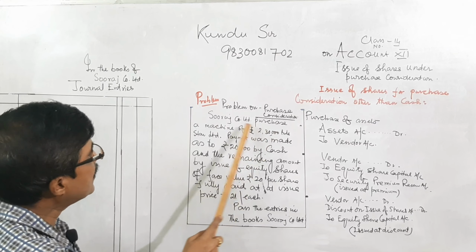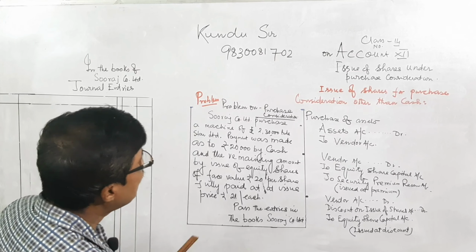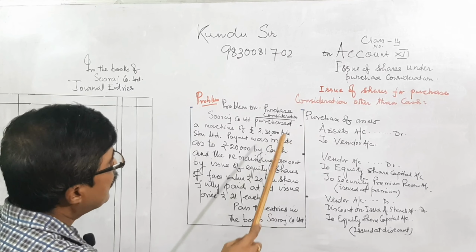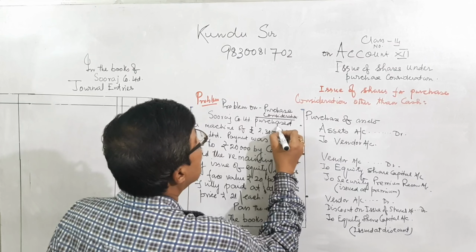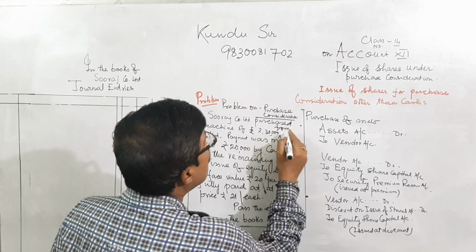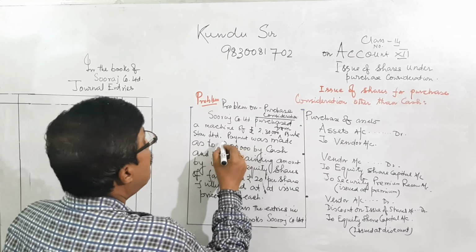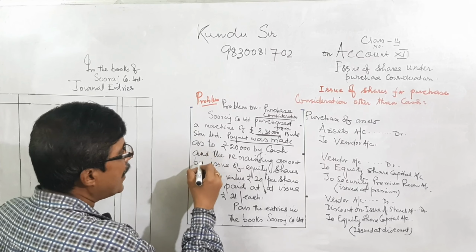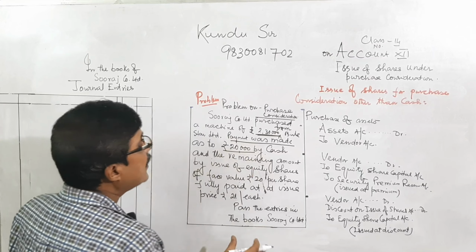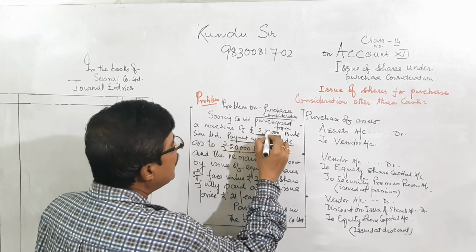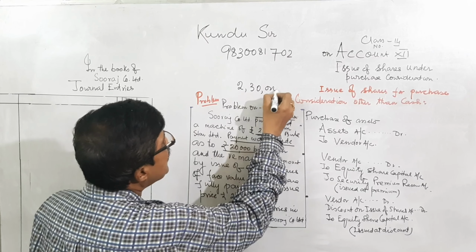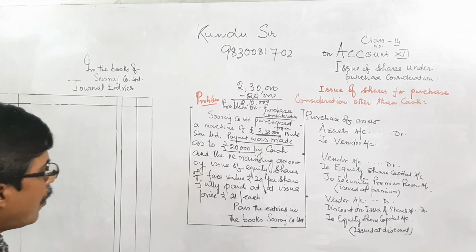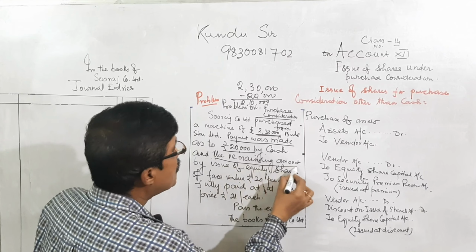Sarosh Company Limited purchased a machine of rupees 2,30,000 from Blue Star Company, and the company is paying cash 20,000, and the rest part, that is 2,10,000, that is 2,30,000 minus 20,000, the rest purchase consideration is to be paid or settled by issuing shares of this company.